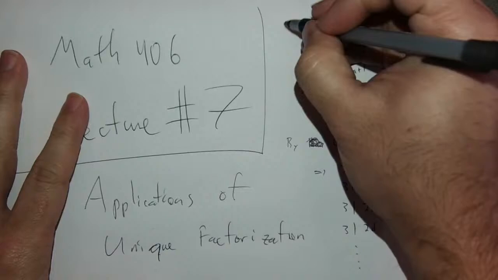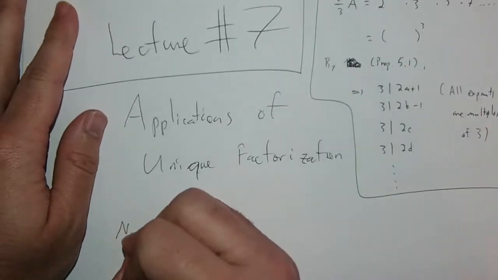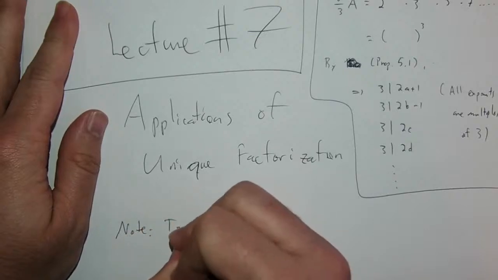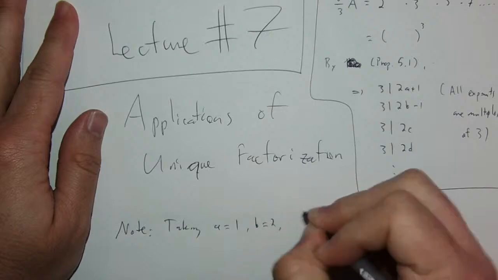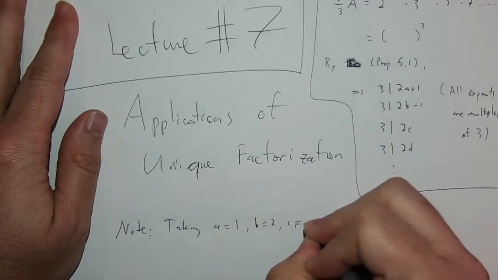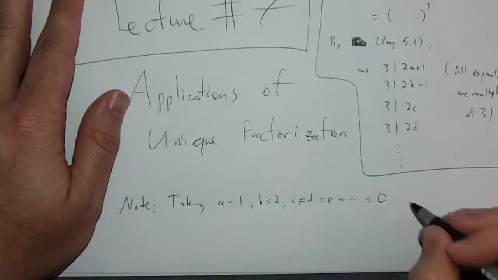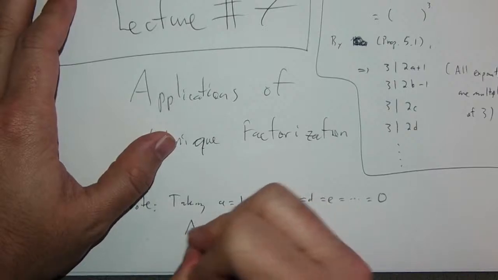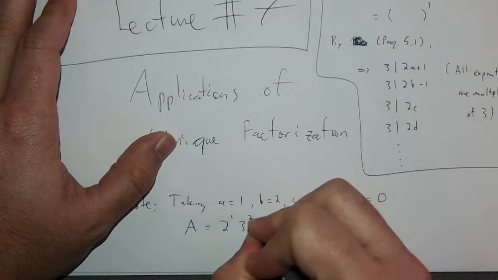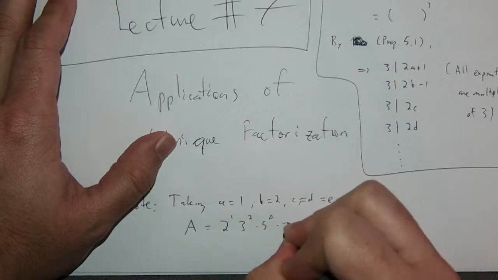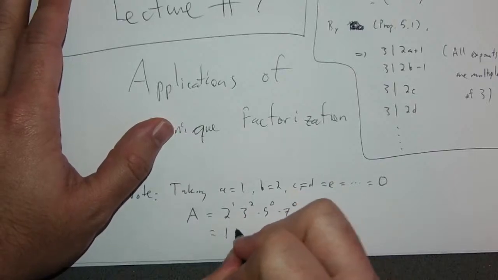So note, taking a equals 1, b equals 2, and c equals d equals e, and so on, equals 0, this yields my age to be 2 to the first times 3 squared times 5 to the 0, 7 to the 0, and so on. So this is 2 times 9, so this is 18.